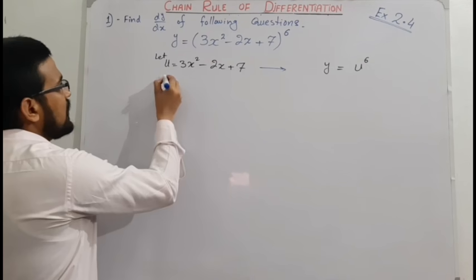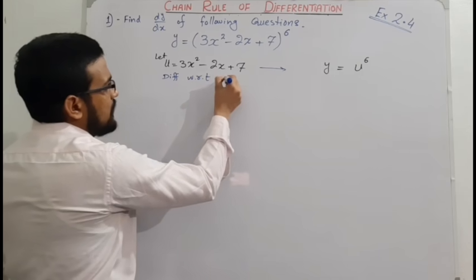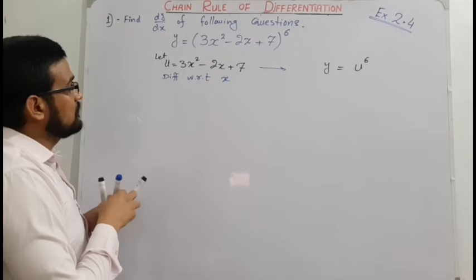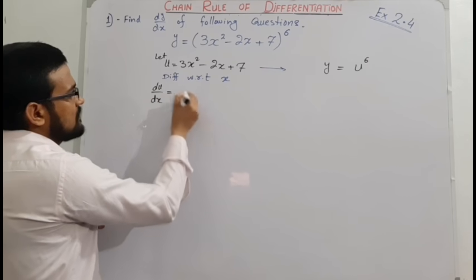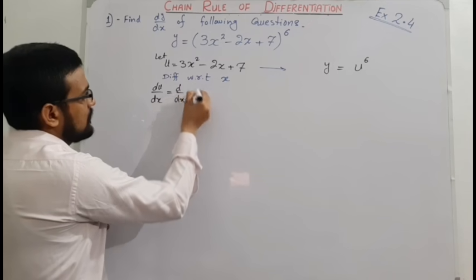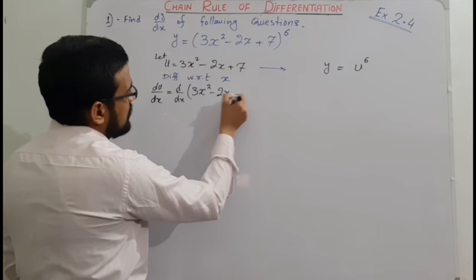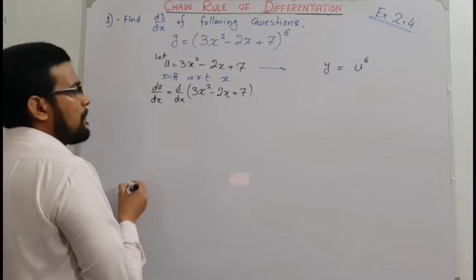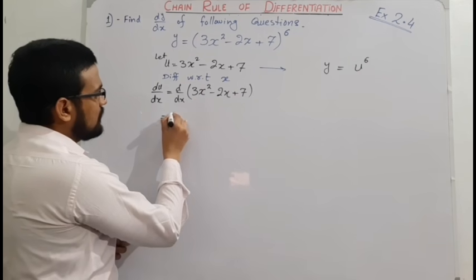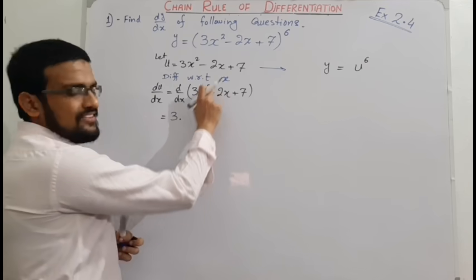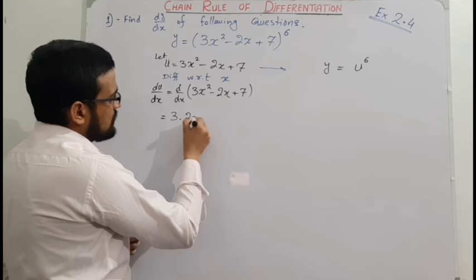So differentiate with respect to x, du over dx. Three is a scalar number. X square, the derivative of x square is 2x.